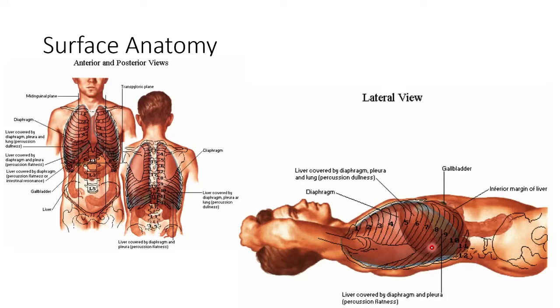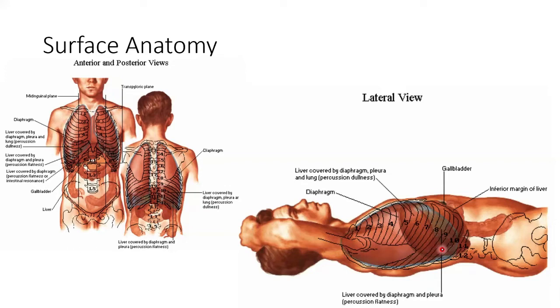Usually this is done at the 8th or 9th intercostal space, below the 8th rib. It passes through the pleural space, but it's not considered significant because there's not much damage caused to the pleura. But you have to avoid the lung tissue.